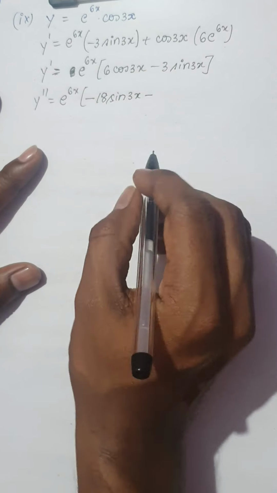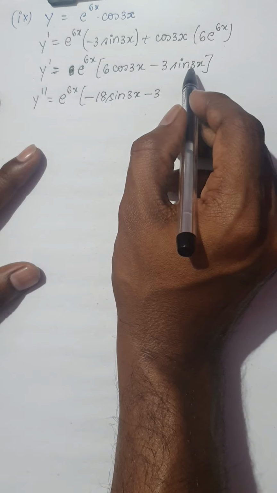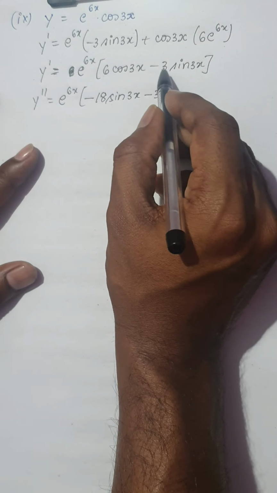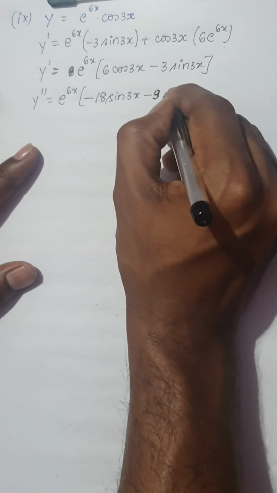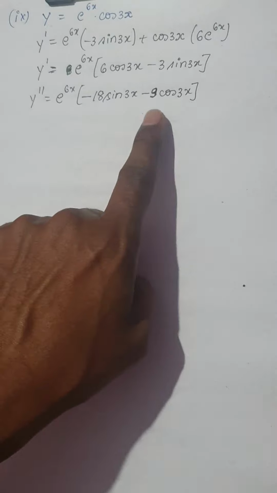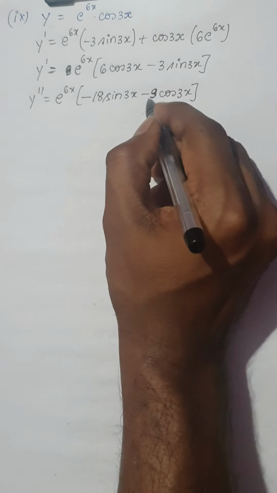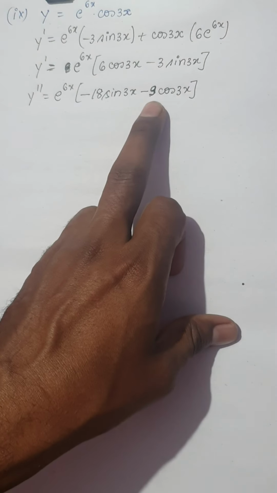Okay, minus 3 is a constant. Okay, the derivative of sine 3x is, you will get 3 cos 3x. So 3 3s are 9 cos 3x. Okay, sorry I overwrote it. Students, kindly don't do this in your examinations. Here anyhow it is nullified, but every time you should not overwrite it.